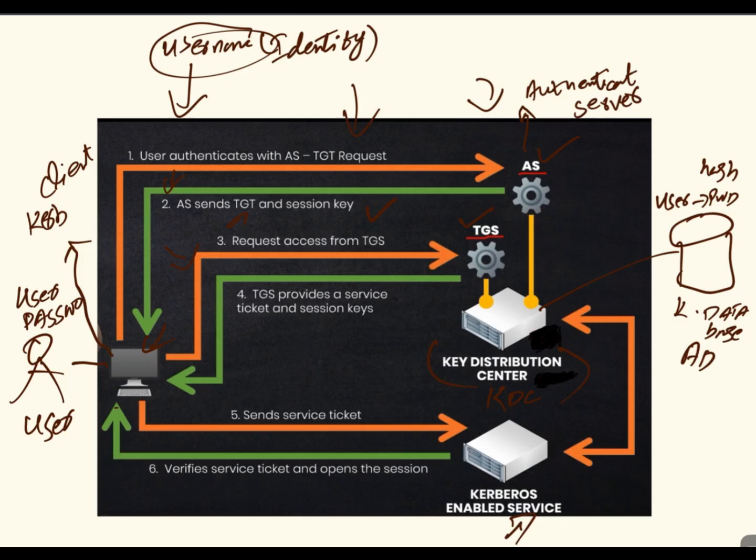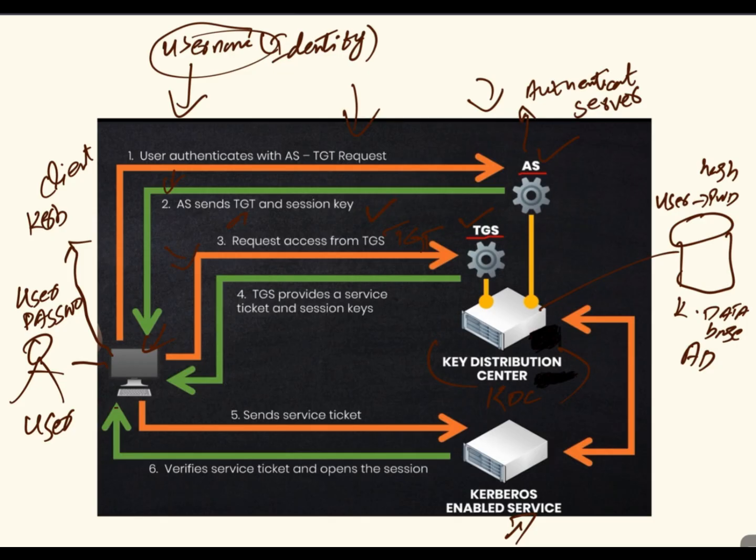What does the TGS, the ticket granting server, do? It validates the TGT, right? The TGT cannot be decrypted on the client because the client does not have the key. The client requests access from the TGS, so it sends its TGT ticket, right?